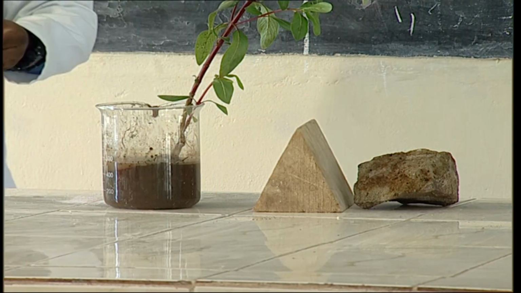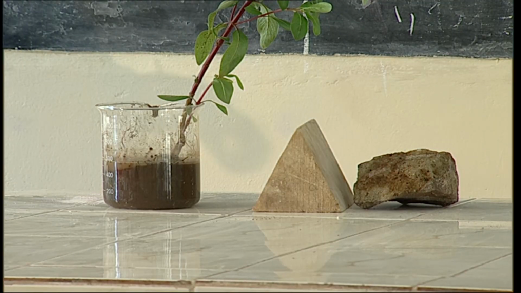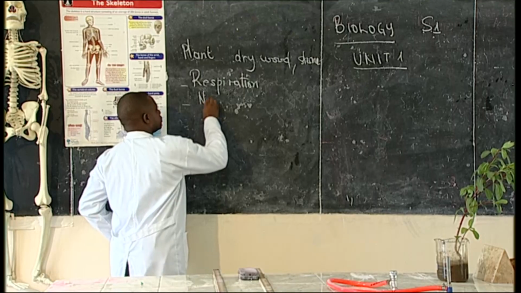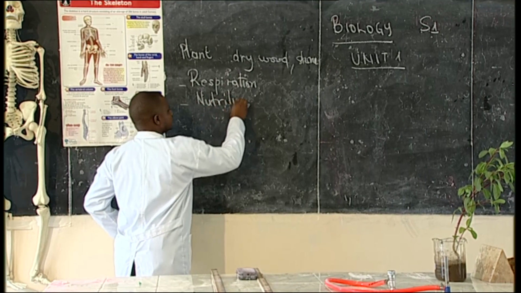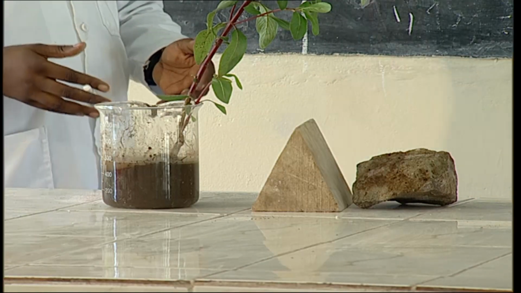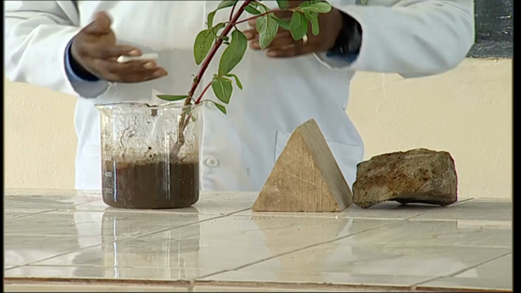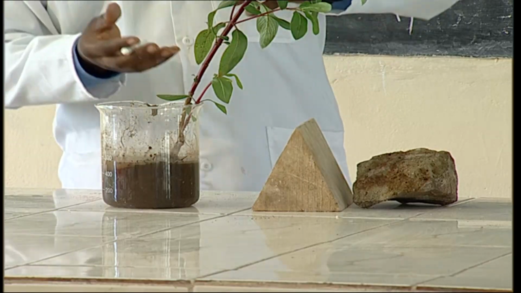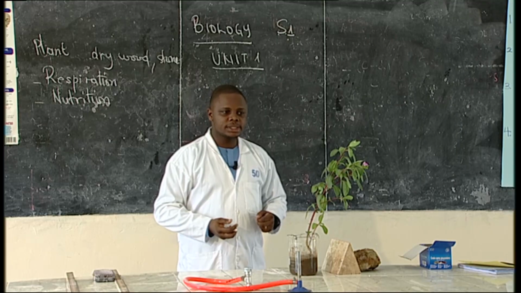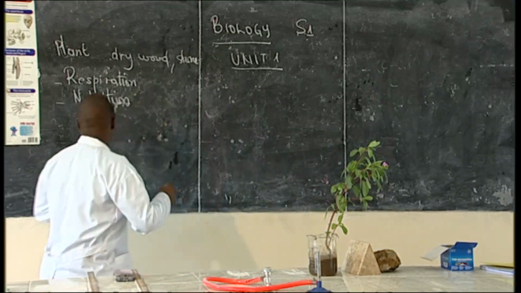The plant gets water and minerals from the soil, meaning it feeds. As I told you at the beginning, it was short and small. Now you can see it has increased in size, which means it grows. Very good.